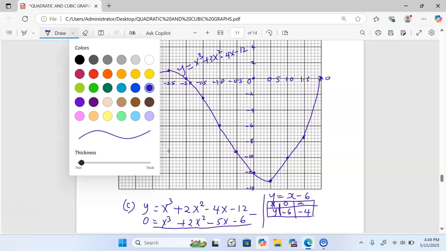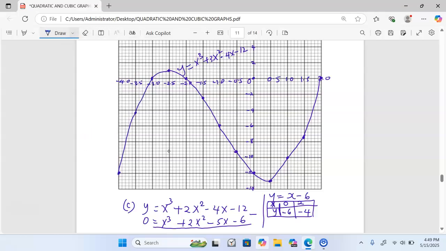We can now do our plotting. When x is 0, y is negative 6 at this point here. And when x is 2, at this point, the value of y is negative 4. Negative 4 is here. So we are going to use a ruler to join the 2 points so that we can get that particular line.